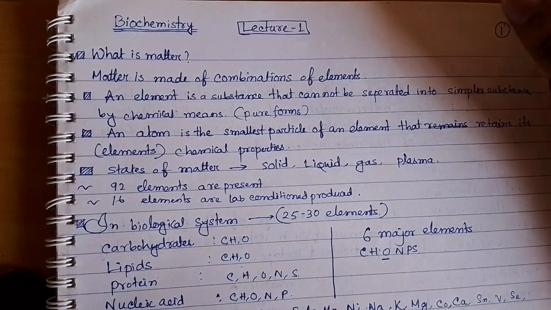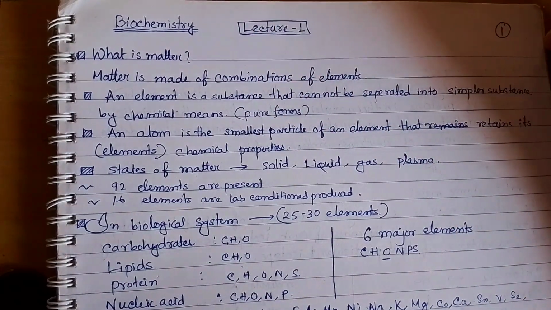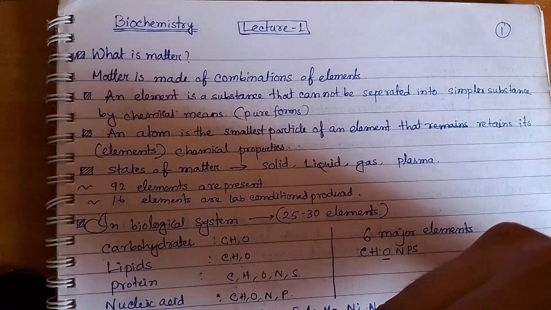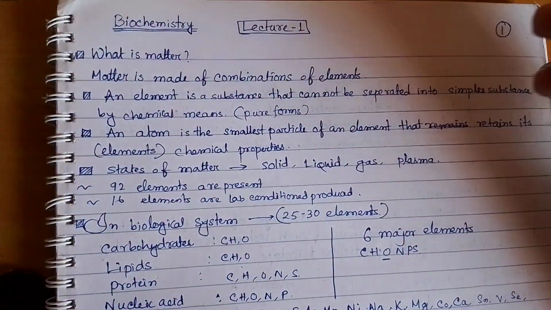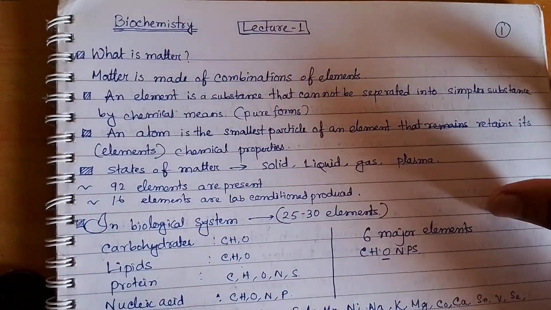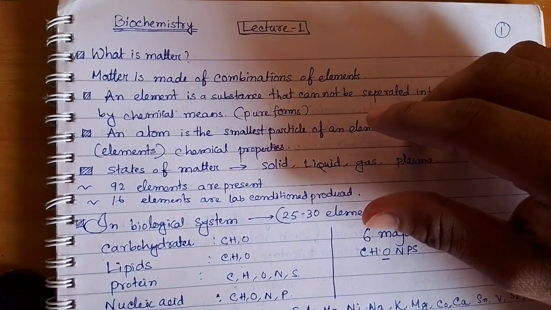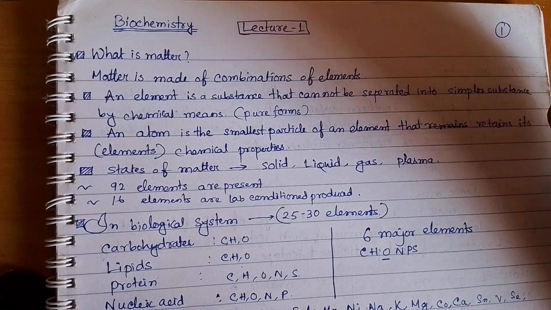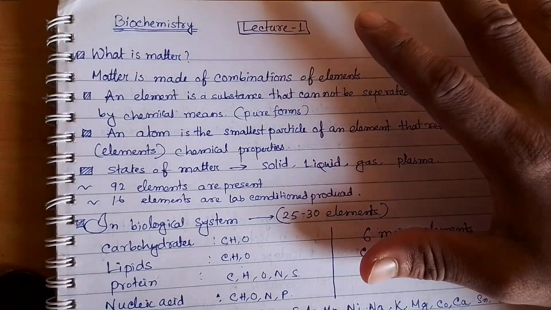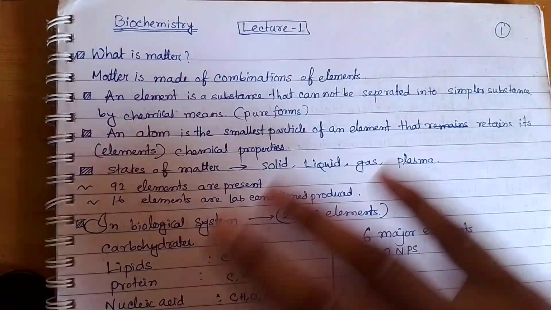An element is a substance that cannot be separated into simpler substances by chemical means, like pure gold or pure silver.